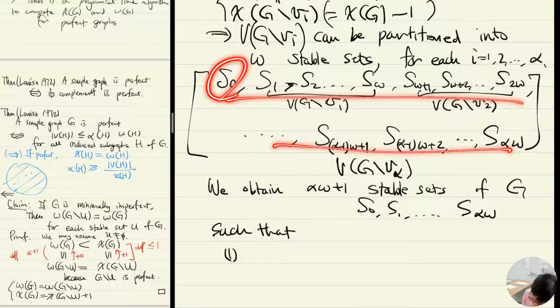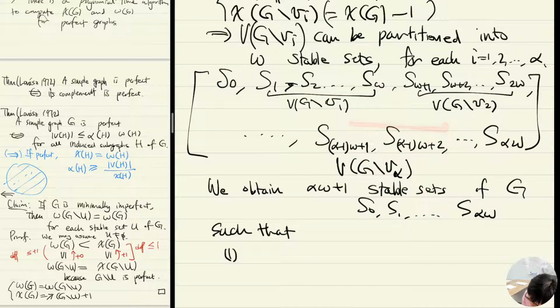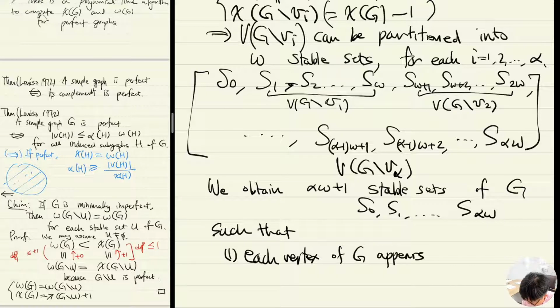It appears here once, but it doesn't appear in the partition of G delete Vi. So again, the number of times Vi appears is exactly alpha. So each vertex of G appears exactly alpha times. All right, so we got the list of stable sets.